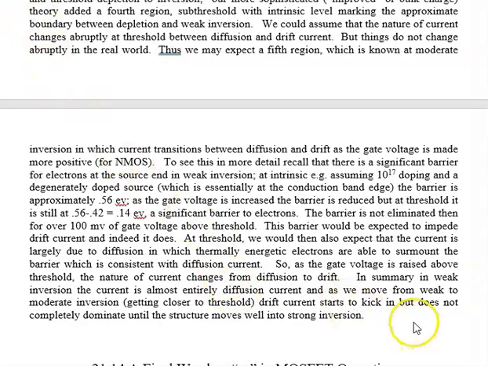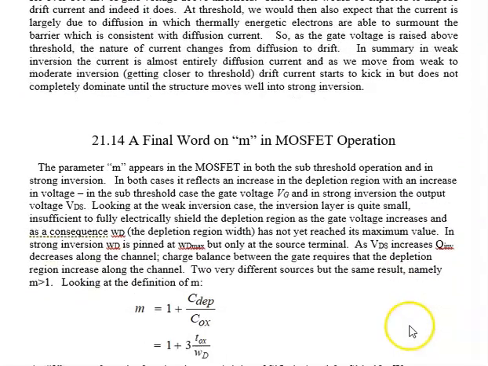And just to end things off with a hopefully reasonable note about this parameter M, M appeared in 2 places: in subthreshold operation, which we just went through, and also in strong inversion. In both cases, it refers to an increase in the depletion region width.